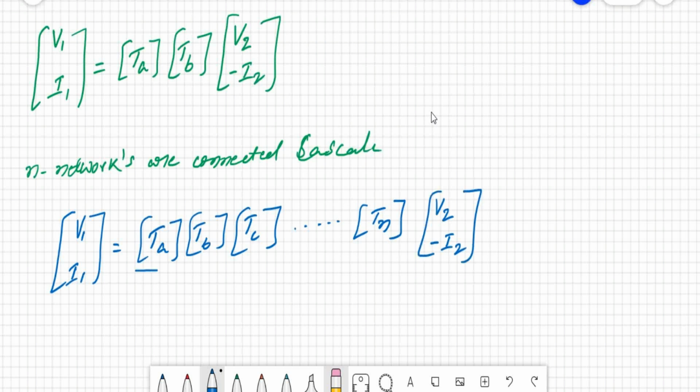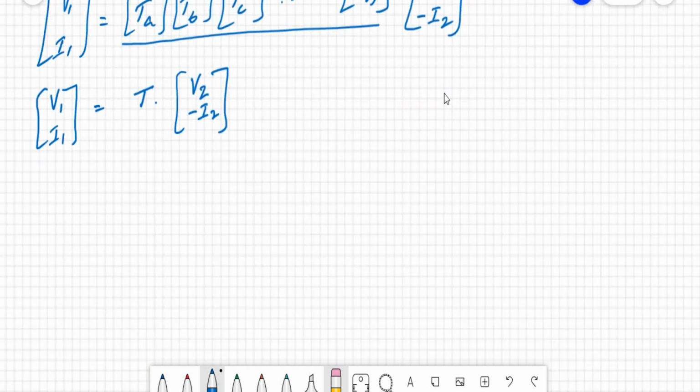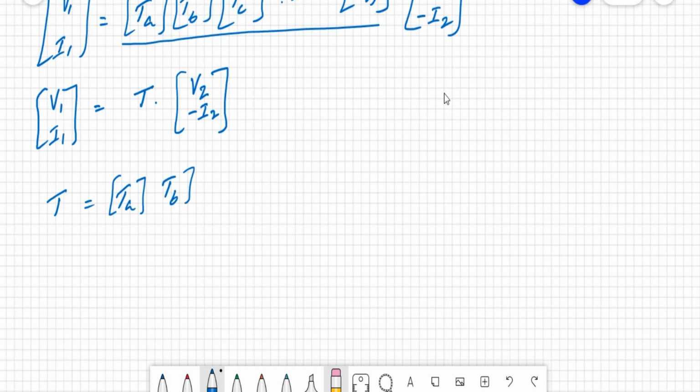This can be replaced with V1, I1 is equal to T into V2, minus I2. This T is nothing but the multiplication of individual T matrices, where T is equal to TA multiplied with TB multiplied with TC multiplied with TD up to TN.